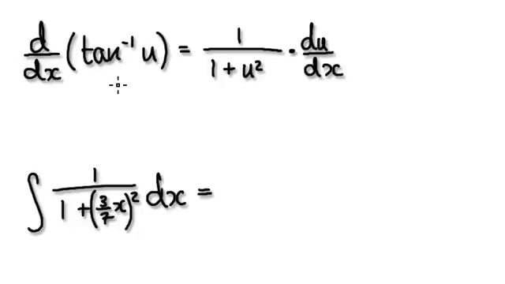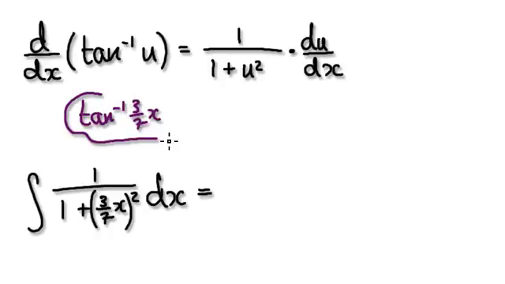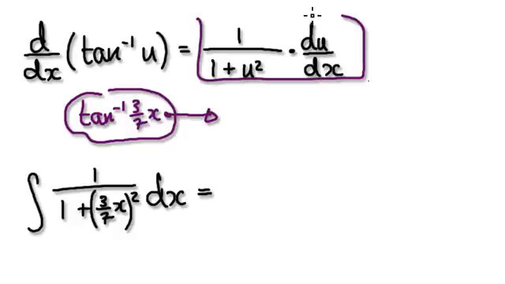Well, let's make this to be our initial guess: inverse tan of, let's say, 3 over 7x here. So when you try and differentiate this, it will give you this thing here.